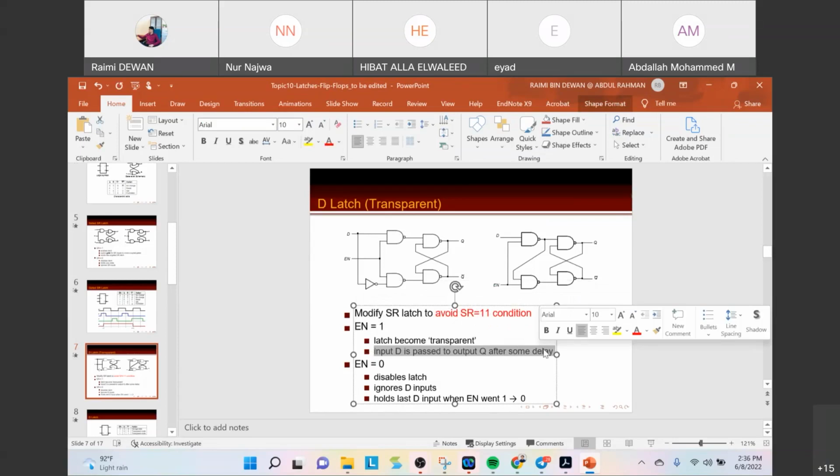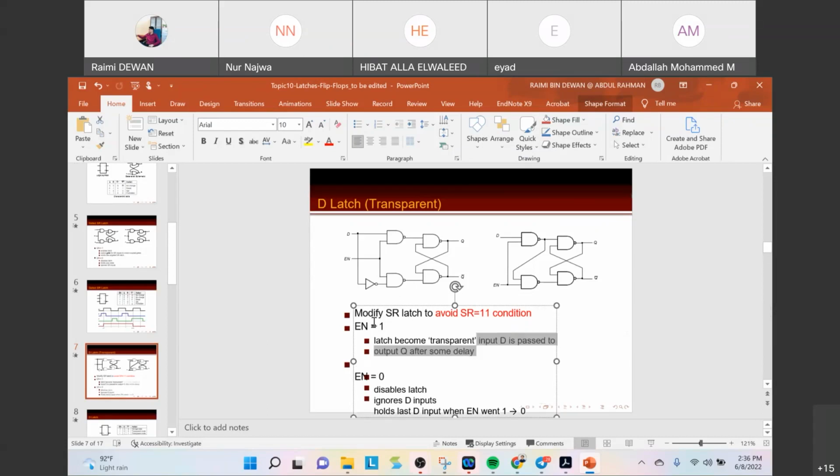There is always some delay in the circuits. That's why sometimes in the timing diagram they put 'assuming no propagation delay', or if you get a question that says assume propagation delay, then you need to draw in such a way that there is some delay in your output corresponding to your input signal.